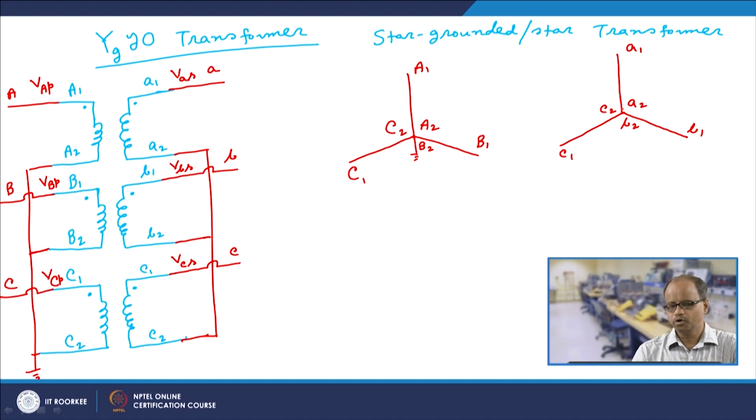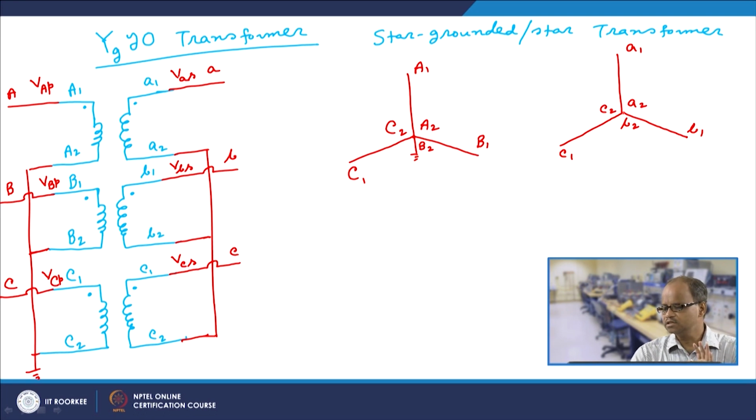Now the point is, how do we calculate the current? In the earlier case, when this was grounded and this was grounded, we could say that the voltage across this particular winding is VAP only. But in this case, the voltage across this winding is not equal to VAS, it is actually VA1 minus VA2.